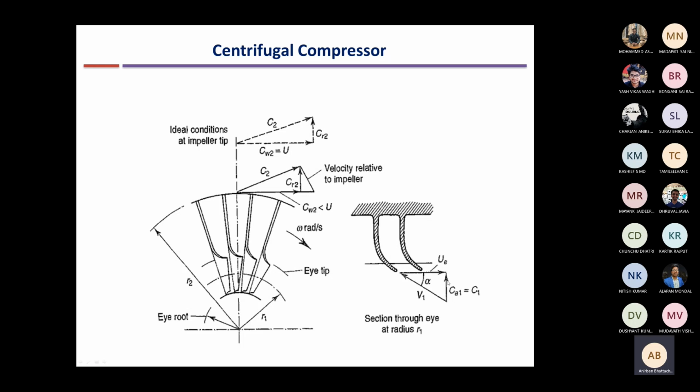This is the direction in which the actual flow is coming. Actual flow velocity is shown by C1. Your screen is along this line and this is where you are sitting, so flow is coming towards you, towards the screen. And the blade velocity is along this line. So the relative velocity is V1 as shown here. It comes at an angle alpha.